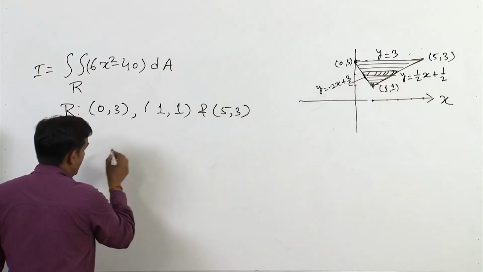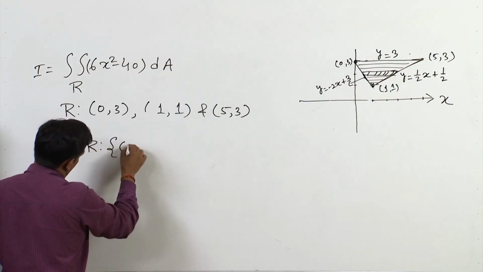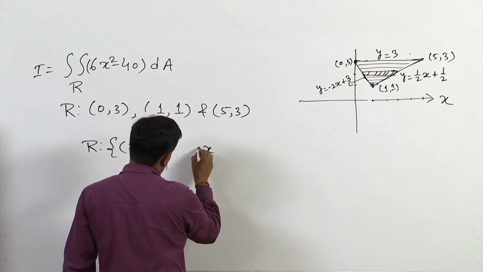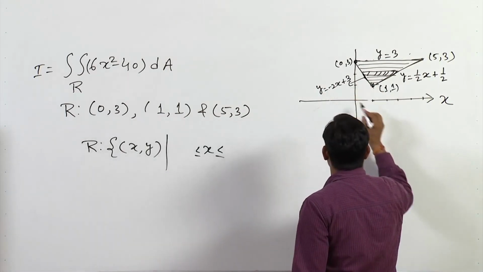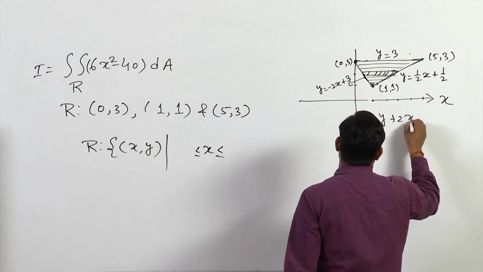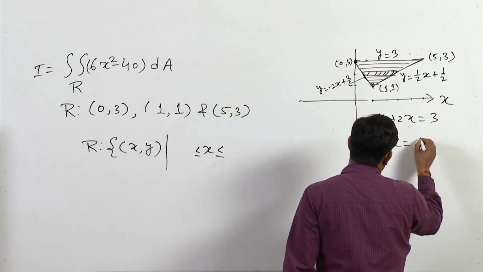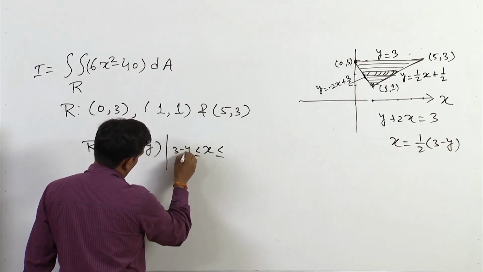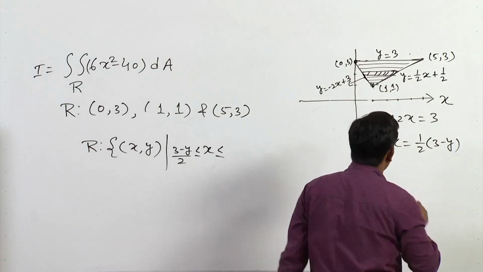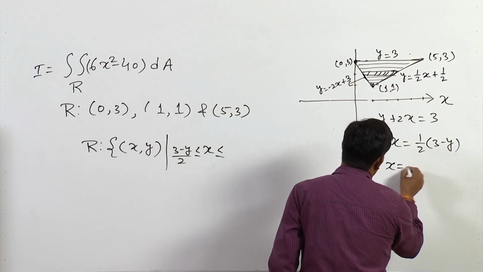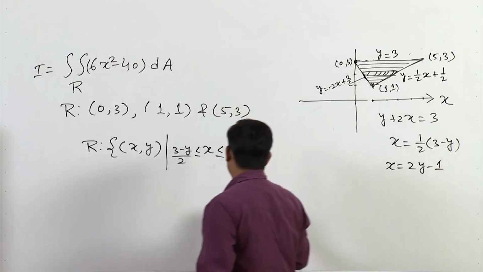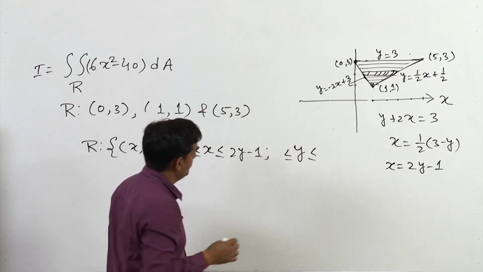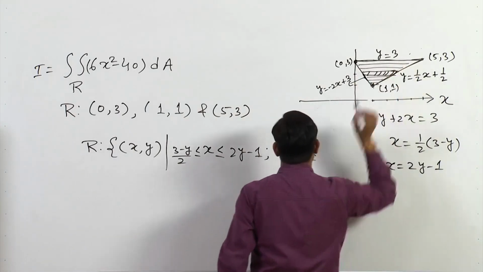So the region becomes the set of (x, y) where the lower limit of x comes from this line, y plus 2x equals 3, so x equals 1 by 2 times (3 minus y), and the upper limit is this line, x equals 2y minus 1, and y goes from 1 to 3.